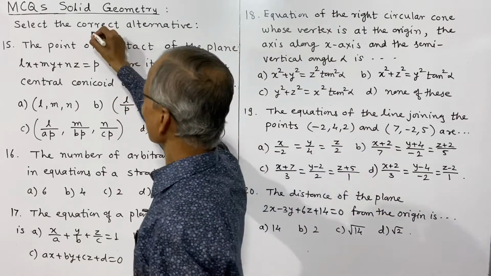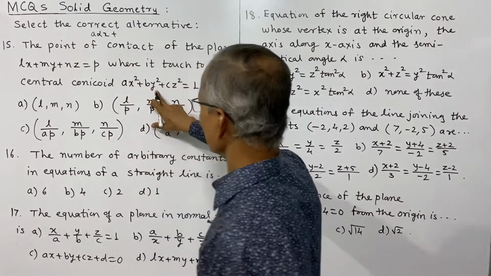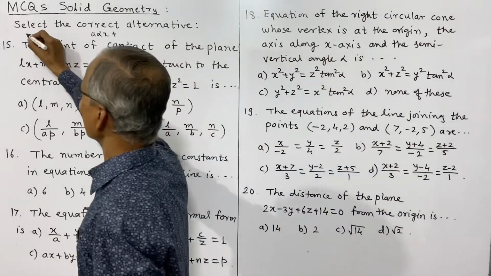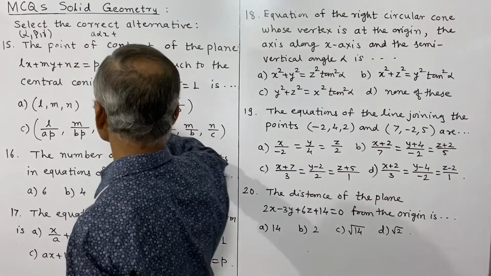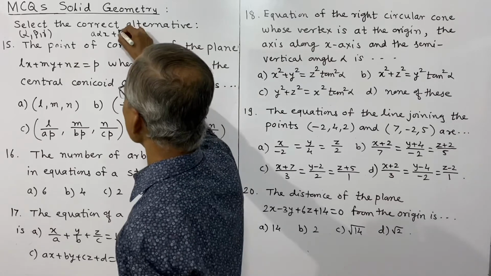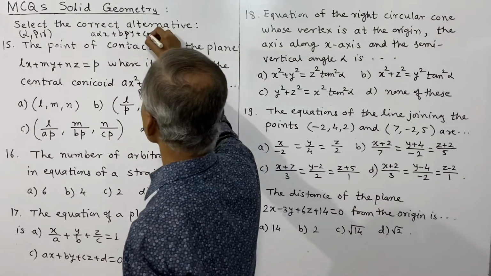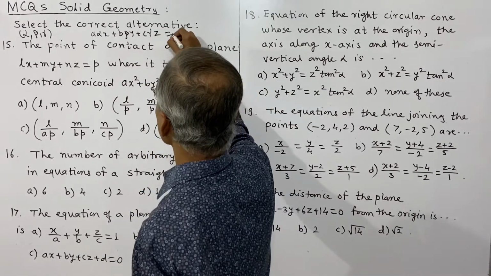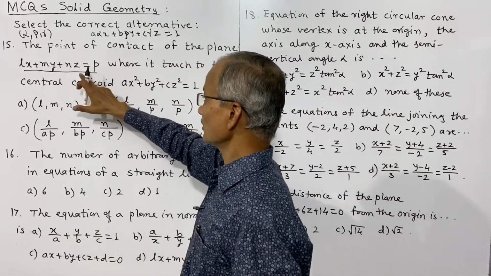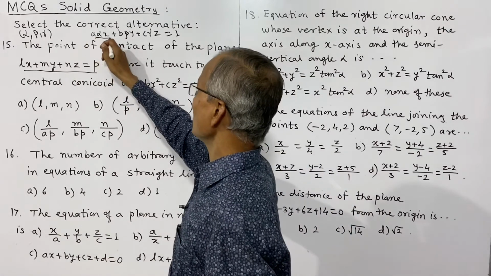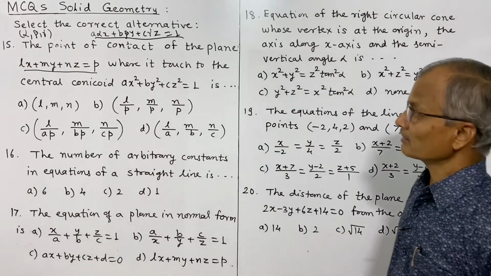So the tangent plane will be A alpha x plus B beta y plus C gamma z is equal to 1. This is the tangent plane, and for this plane to be tangent, both equations will be of the same plane.